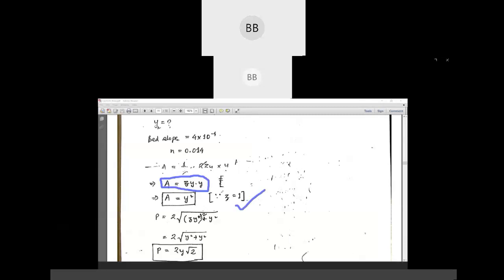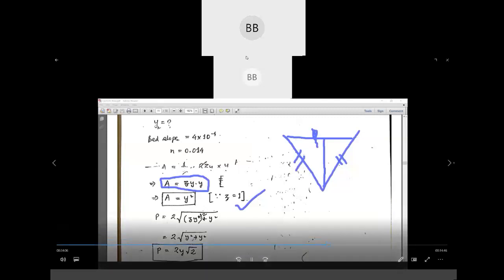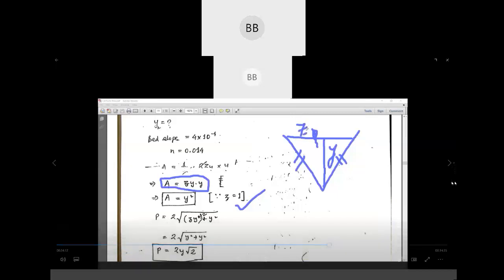Then we try to find out the weighted perimeter. If you consider the triangular channel, and this is your level of water, so this side we are going to consider and this side. Like Pythagoras theorem, you find out one side and you multiply it by 2, and you will get the weighted perimeter. Depth of flow is not known to us, so this is zy.